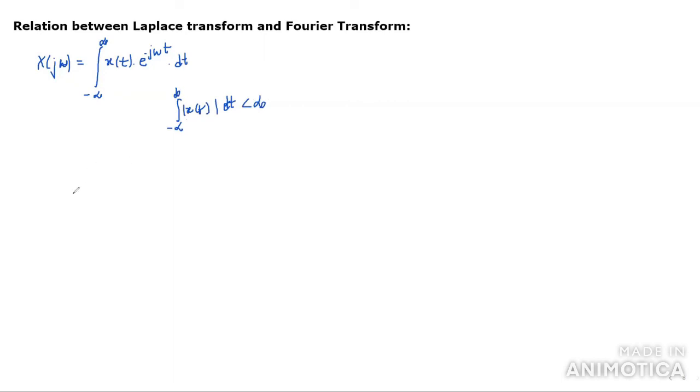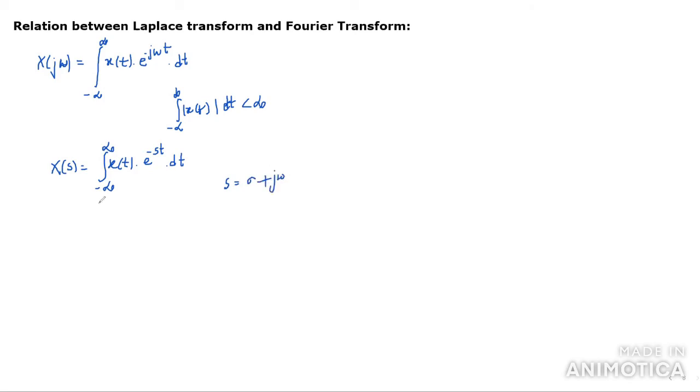Okay. Now, what is my Laplace transform? X of s is equal to integral from minus infinity to plus infinity of x of t e power minus st dt. So we already know one thing. What is s? My s value is equal to sigma plus j omega.